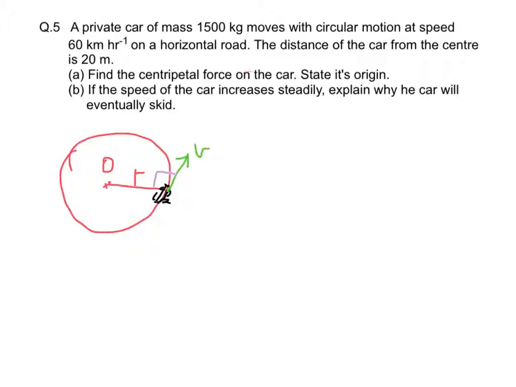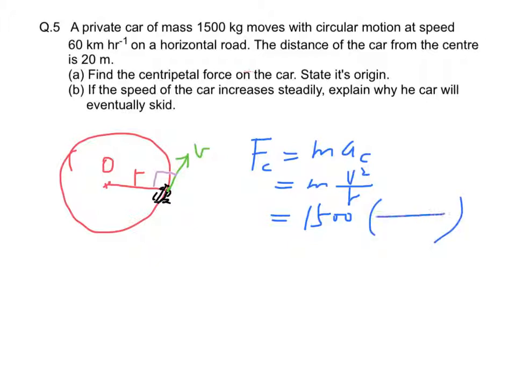Part A, centrifugal force equal to ma, equal to mv squared over r, equal to 1,500 times v, where v is 60 km per hour, change it to meter per second by dividing by 3.6, then squared, over r equal to 20.